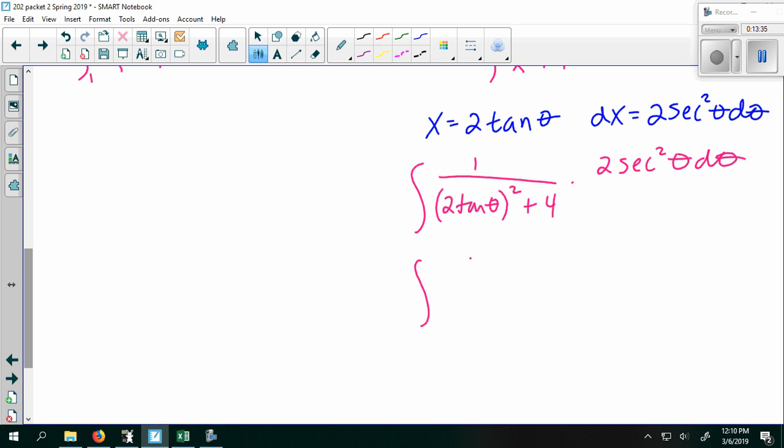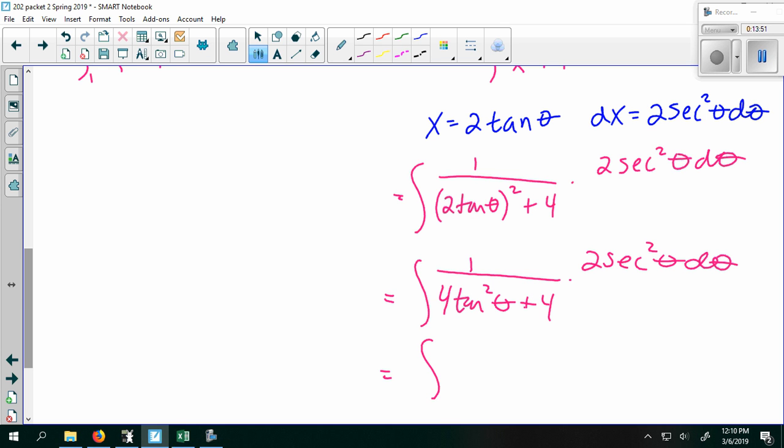So this becomes 1 over 4 tangent squared theta plus 4. And then I'm going to factor out a 4 from the integrand. So this is the integral of 1 over 4 times tangent squared theta plus 1, times 2 secant squared theta d theta.